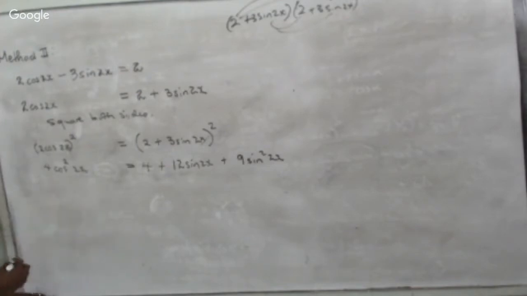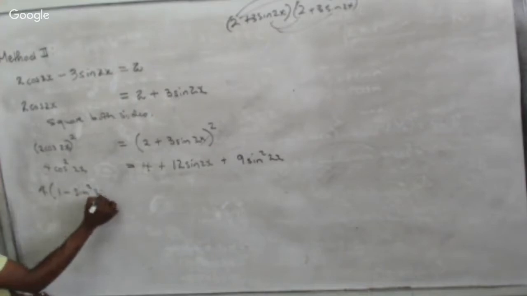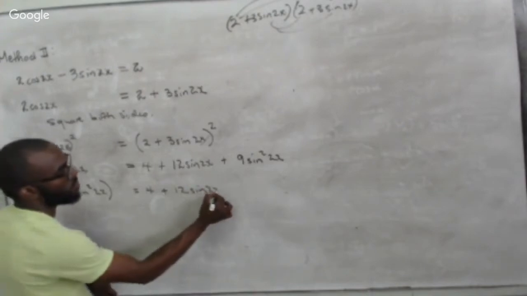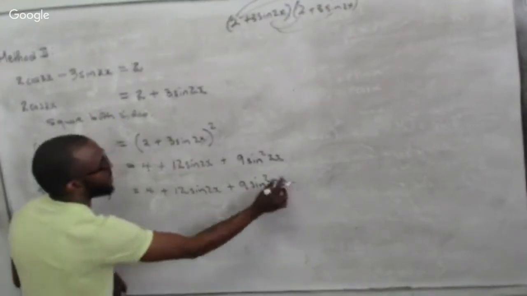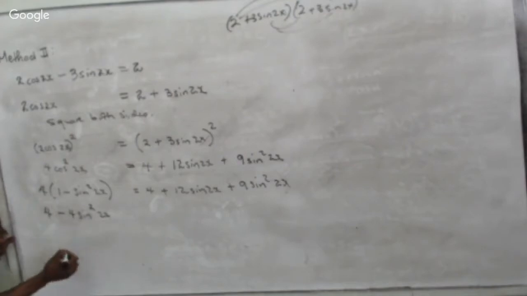So now I can change this to sine, and then everything is in terms of sine. So this is 4 into 1 minus sin squared 2x. Go again? You see it now? 4 minus 4 sin squared 2x.